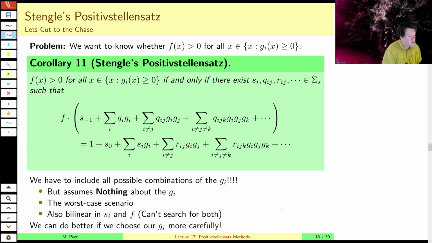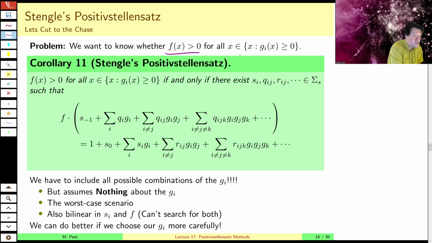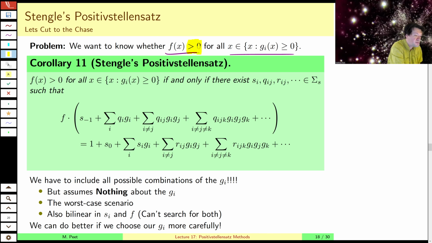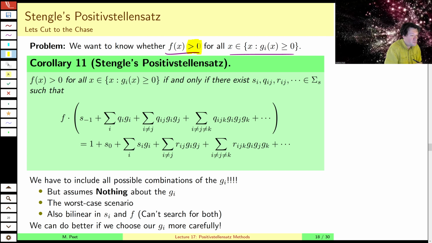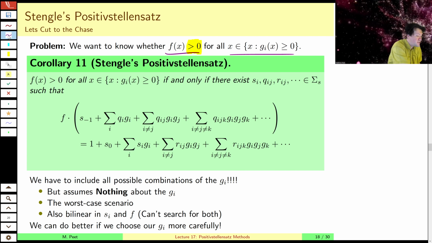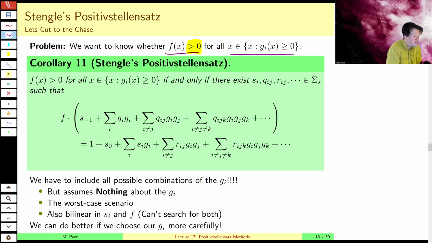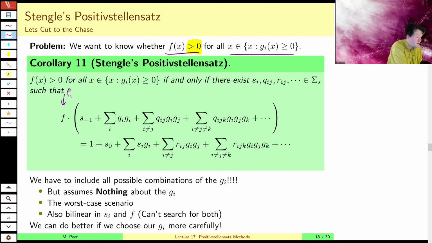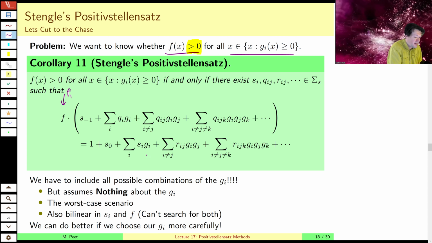So if we apply this to the question of whether a function is positive, right, strictly positive now, that's of course something we can't really relax. So if we move this to the constraint set, then our first constraint becomes, so this is f1 now, and all these others are the other f's, right?